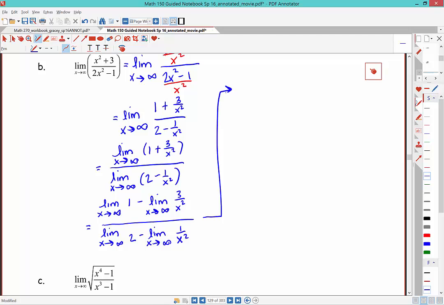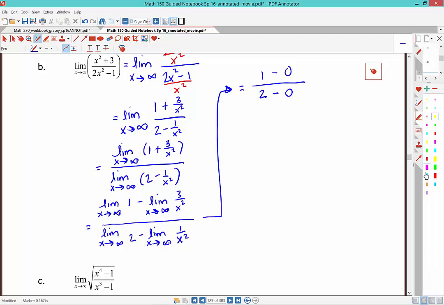So some of you guys may have recognized earlier that the limit of a constant is the constant no matter what you're approaching. So you'll get 1 for that very first limit in the numerator. And then what's that second one going to be? Good, it'll be 0 because of that theorem we just learned. And then we'll have 2 minus 0 over here.